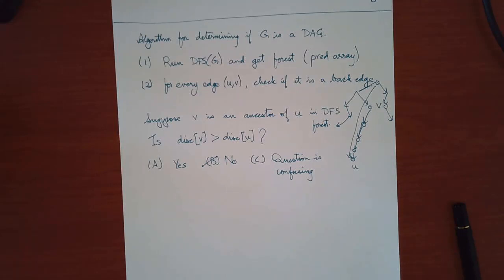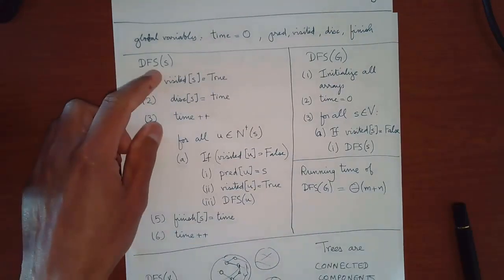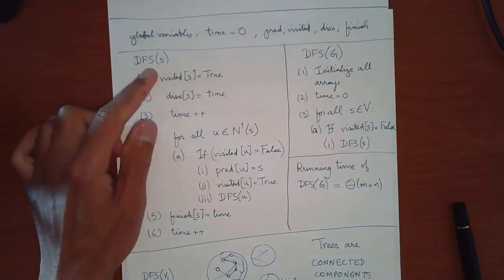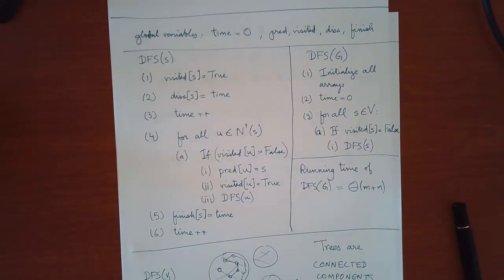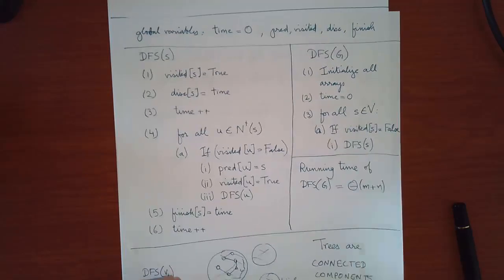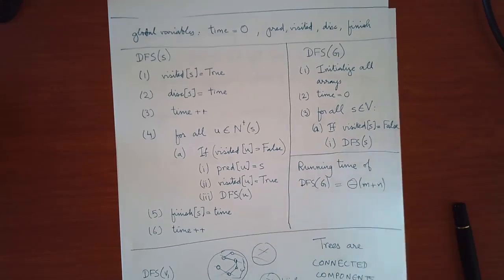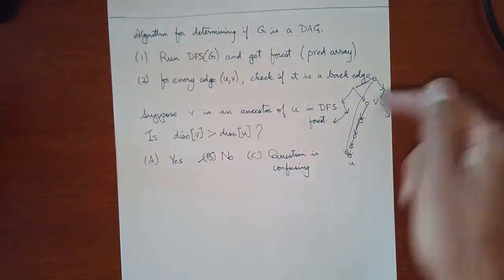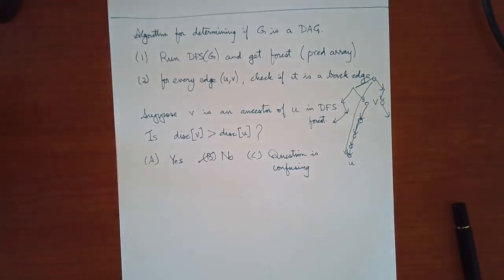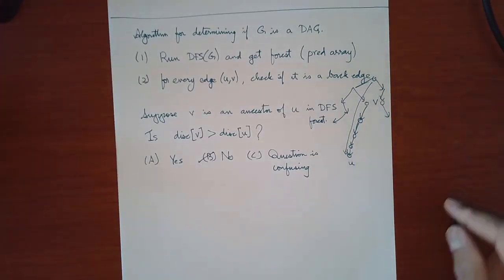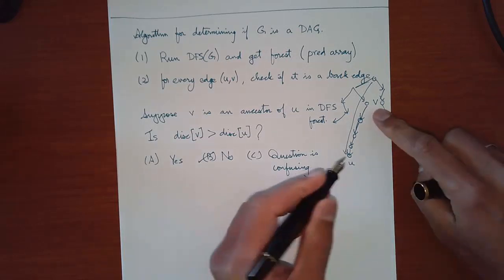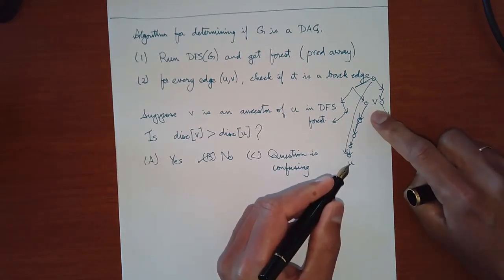Now, you know that at some point there is a call to DFS of V, and at some point there is a call to DFS of U. Right? And the tree is the recursion tree. So what does that tell you? If you look at this tree, which one was called first?